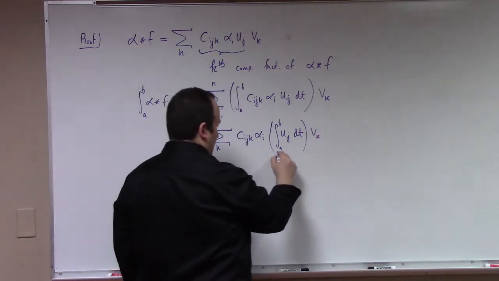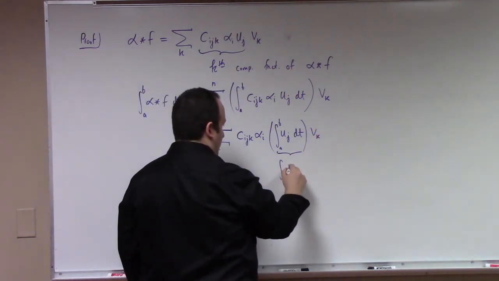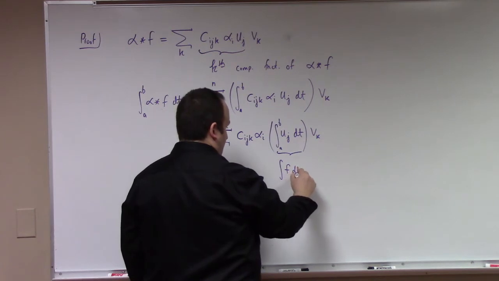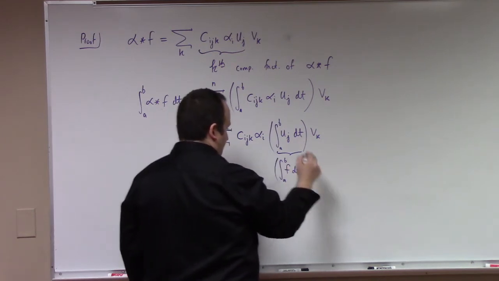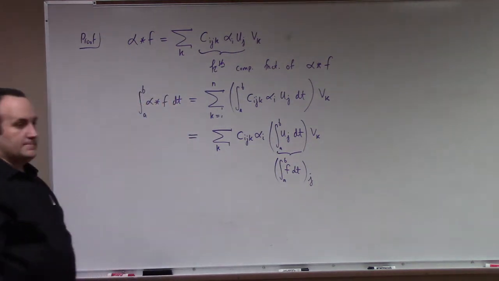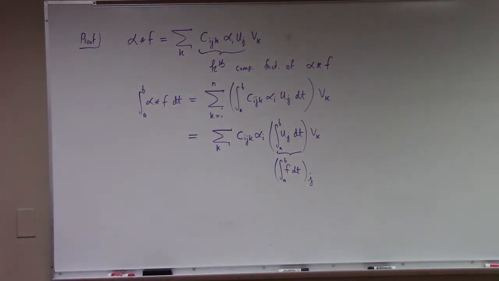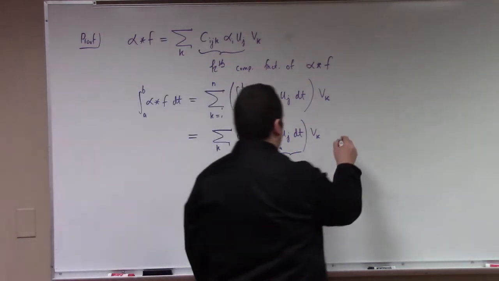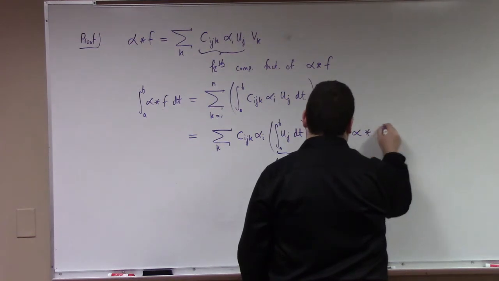But of course, what's this? This is nothing more than the integral of f dt from a to b. It's the jth component of that. So then by the definition of structure constants, that's precisely alpha times that integral.